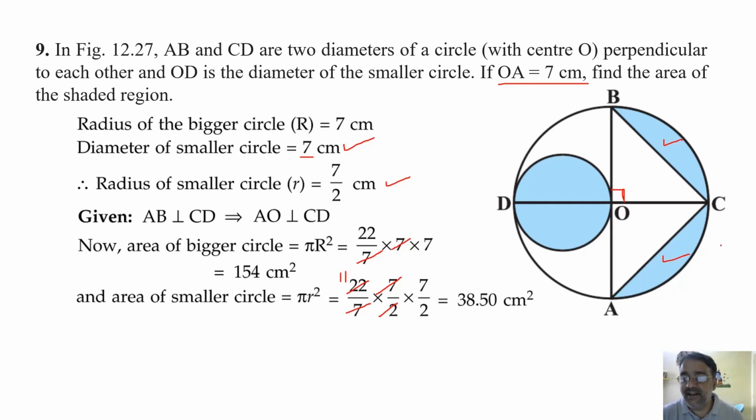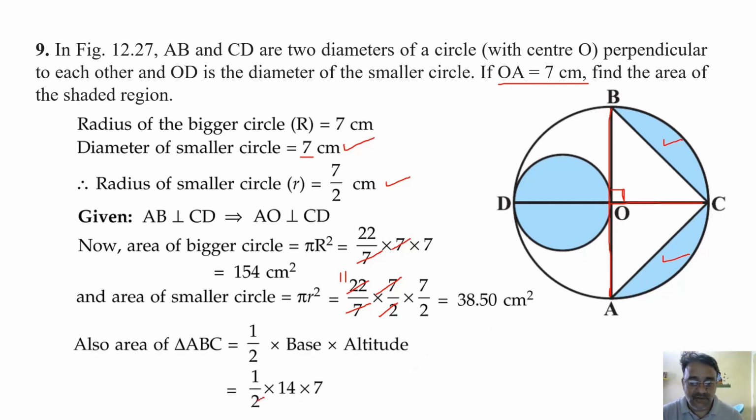Now what is the area of triangle ABC? Half into base into height. So ये base हो जाएगा और ये height हो जाएगा, okay? So half into 14 into 7. So 14 को 2 से cancel कर देंगे तो 49 centimeter square आ जाएगा. So we got every values.